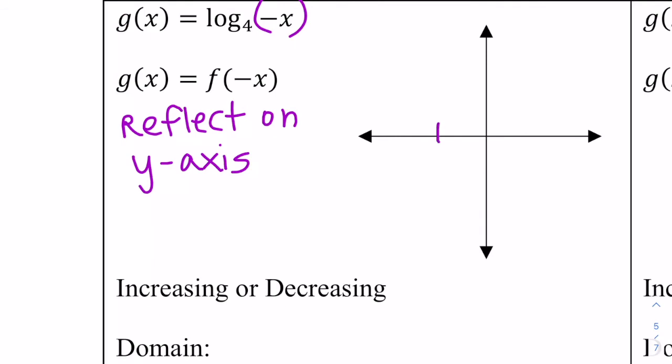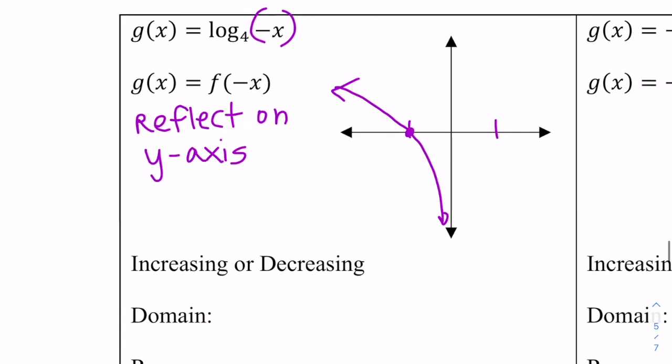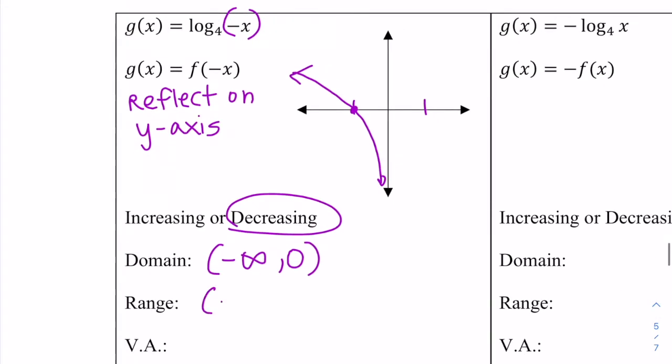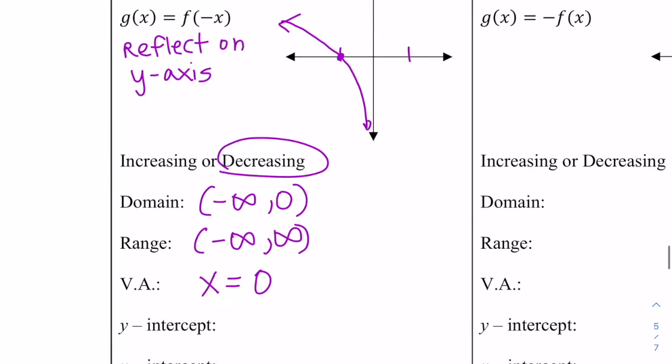So instead of 1, 0, it's going to be negative 1, 0. So this will be the x-intercept. This is decreasing. The domain is now negative infinity to 0. The range is still all real numbers. The vertical asymptote is still x equals 0. There is no y-intercept, and the x-intercept is now negative 1, 0.